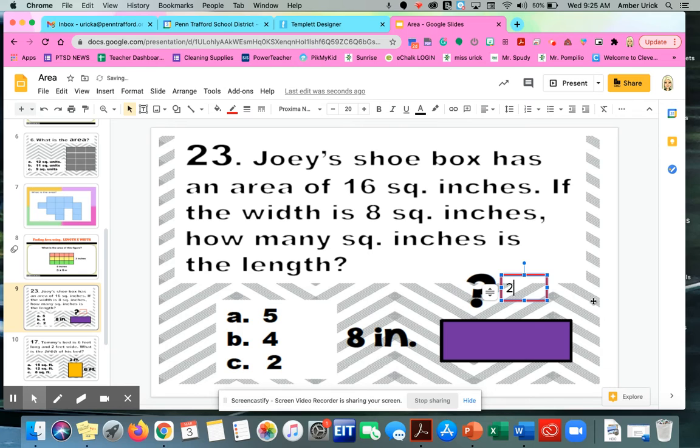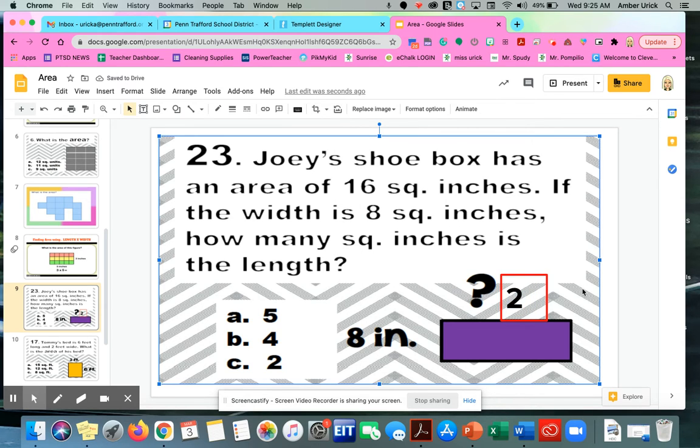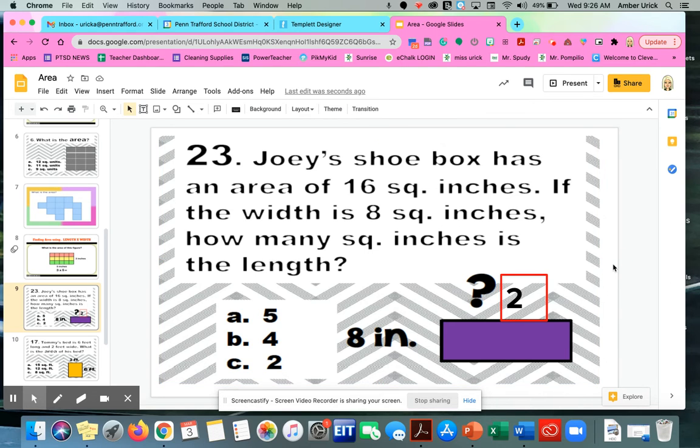And put a 2 in there. Nice and bold, huh? Even bigger. How about that? There it is. Is 8 times 2 16? It certainly is. So we found our missing number, and 8 times 2 makes our 16 square inches for the area of the purple box.